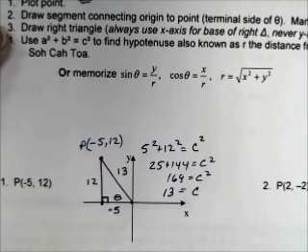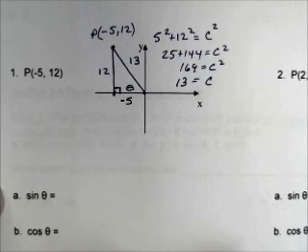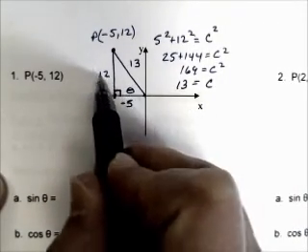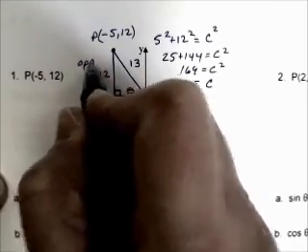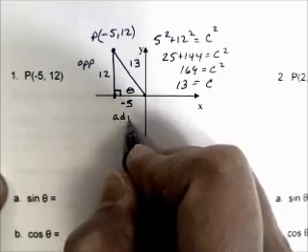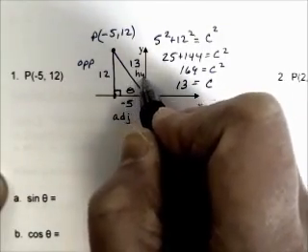So now to find the sine of theta, we're just going back to using SOHCAHTOA. In relation to our angle theta, 12 is the side opposite, and negative 5 is the side adjacent, and 13, of course, is our hypotenuse.